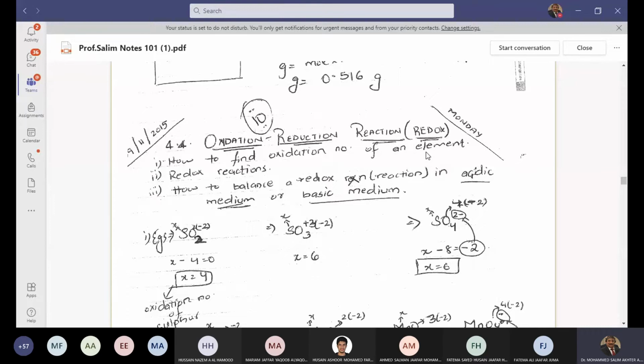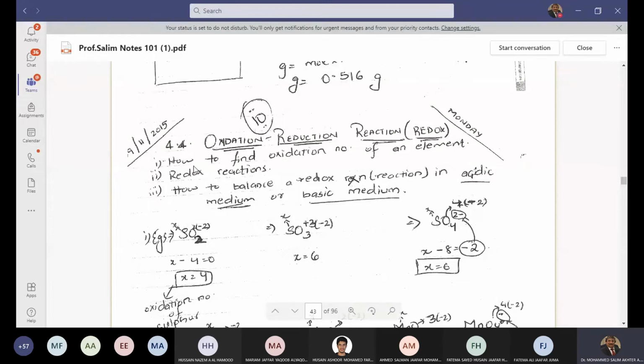This is very, very simple, very easy. Second thing we will learn, inshallah, redox reactions. And in the third one, we will learn how to balance a redox equation.